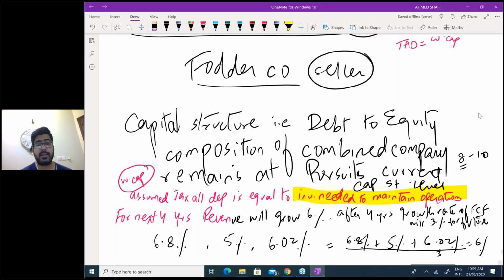Yes, Amsal, you can use that formula as well. Few students are asking for emails for questions because they don't use WhatsApp. So I am sending the email address to everyone as well.